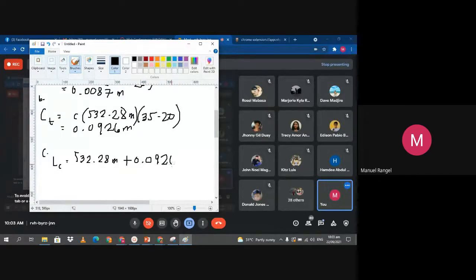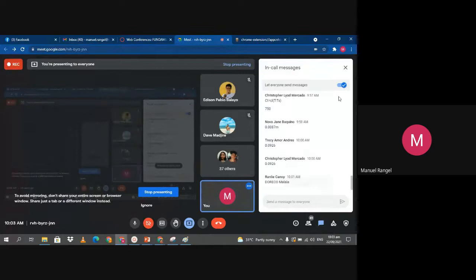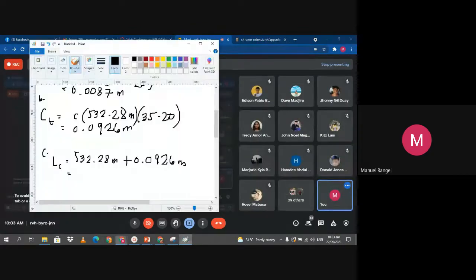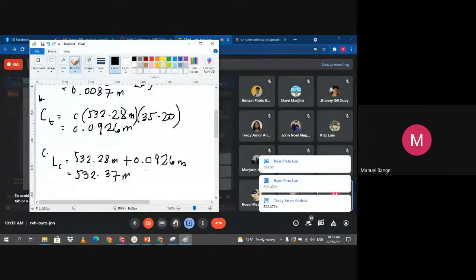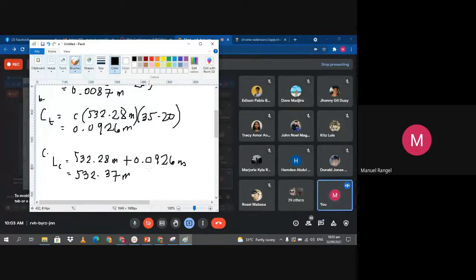So what is the value of LC? That is 532.37 meters. Okay, so that is the correct length of the measured line.